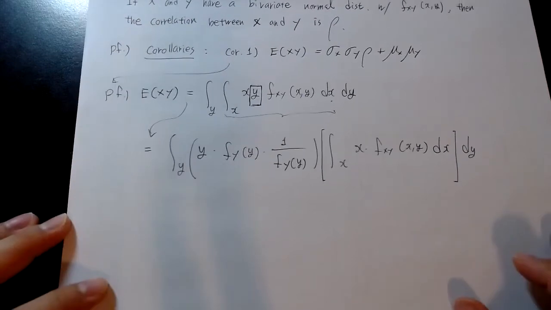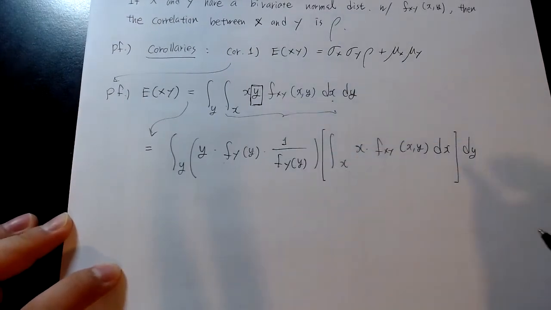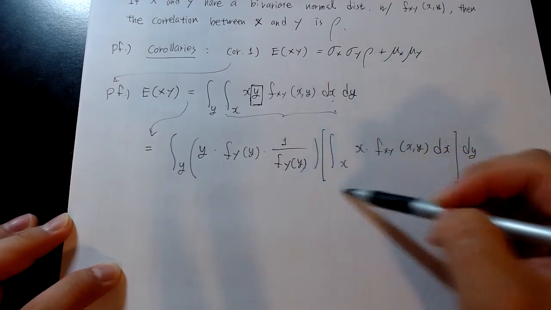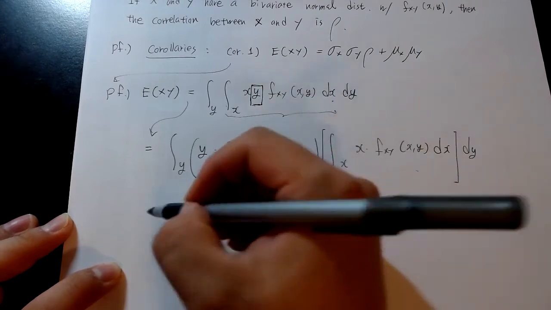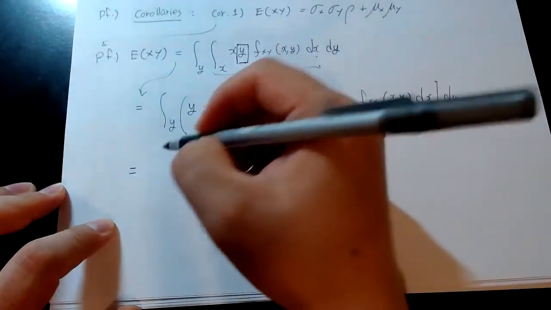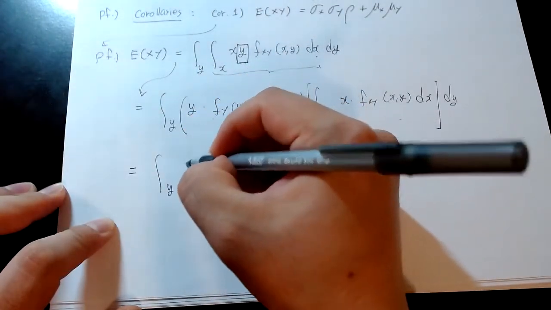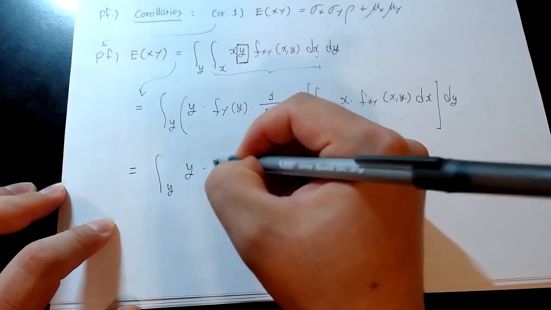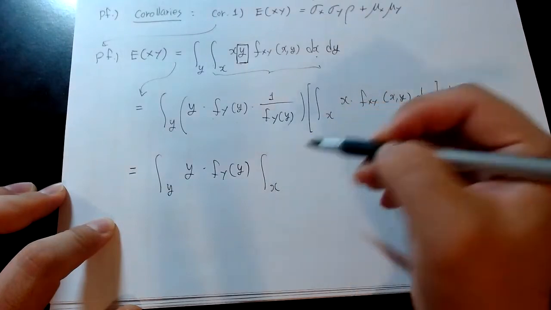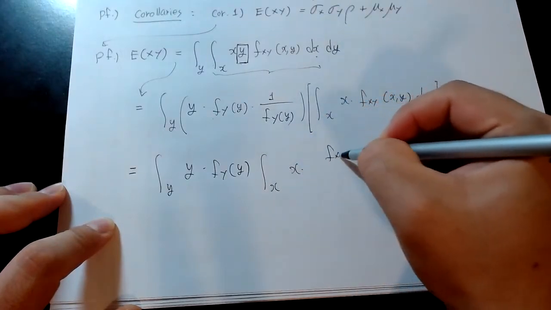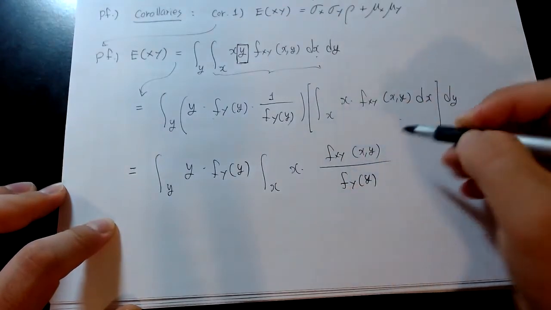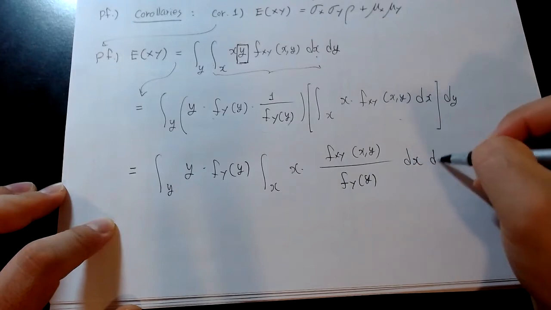Now I'll put 1 over f_Y inside the inner integral. So that is equal to the integral with respect to y of y times f_Y(y), times the inner integral with respect to x of x times f(x, y) over f_Y(y), dx dy.